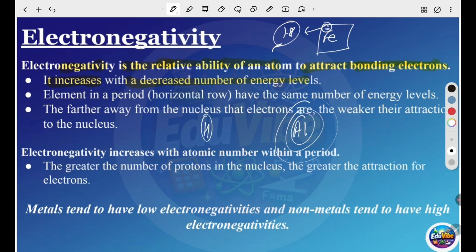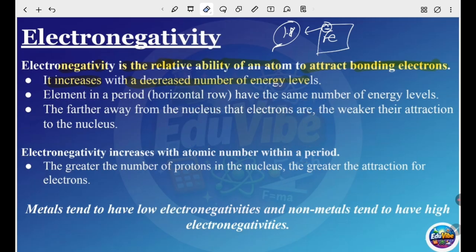So electronegativity increases as the number of energy levels decreases. Hydrogen has more electronegativity than aluminium. That's how it works.